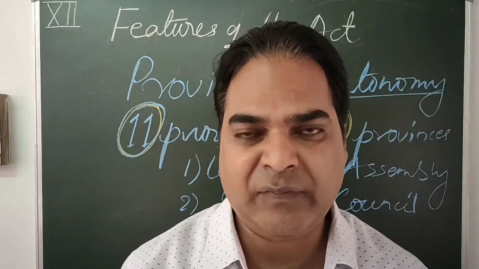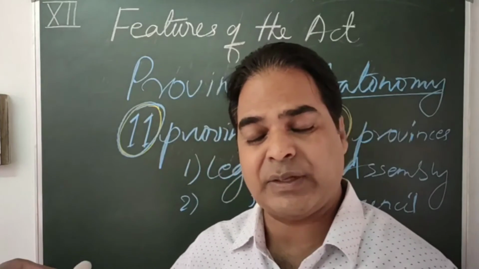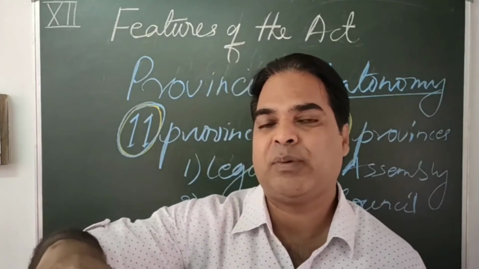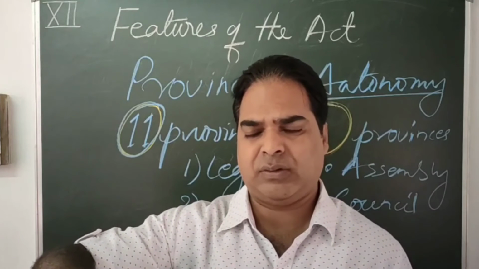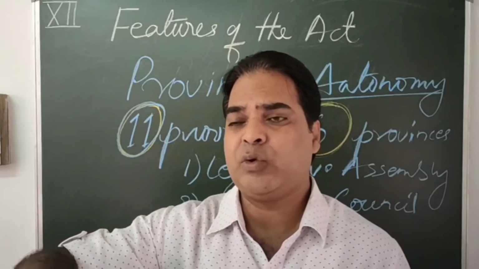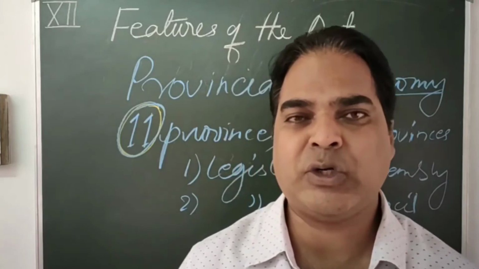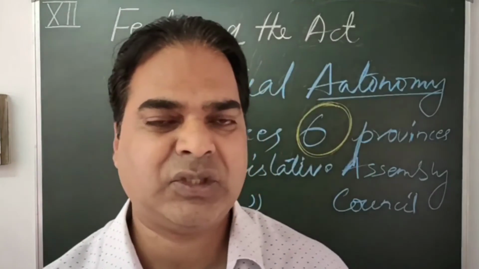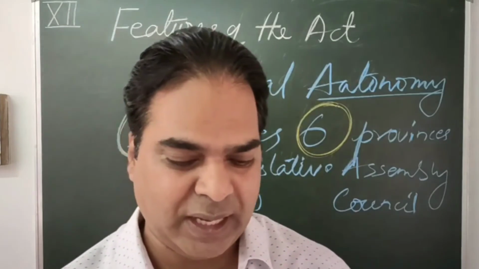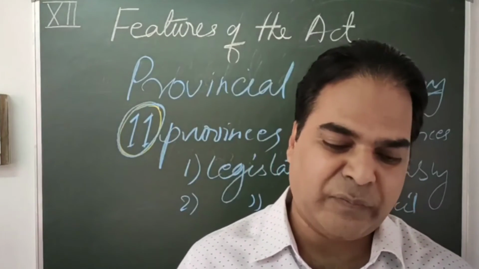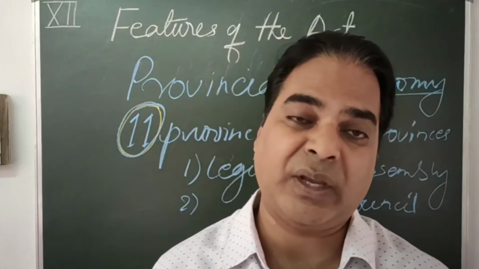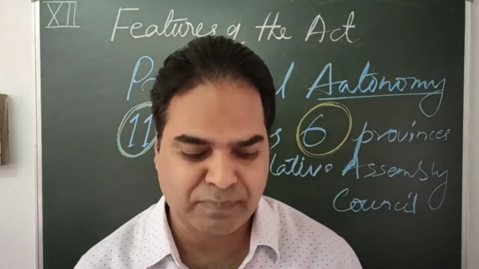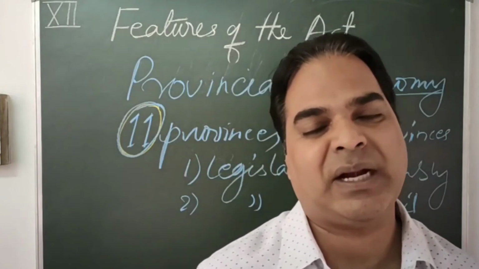Provinces were free from outside control, which means there was no control over the provincial legislature. The British government had no control, to a large extent, over the provinces. So provinces were free from outside control and interference in a large number of matters.